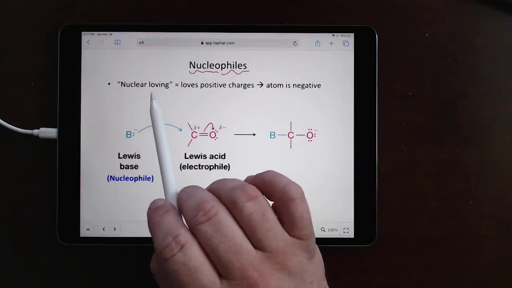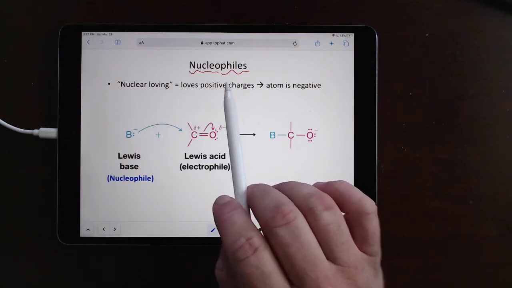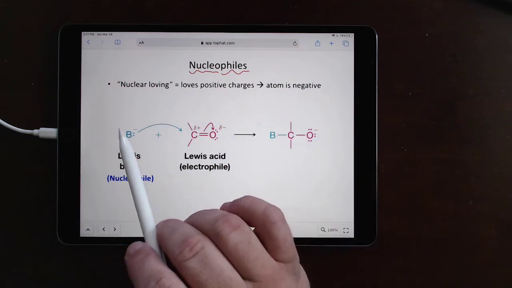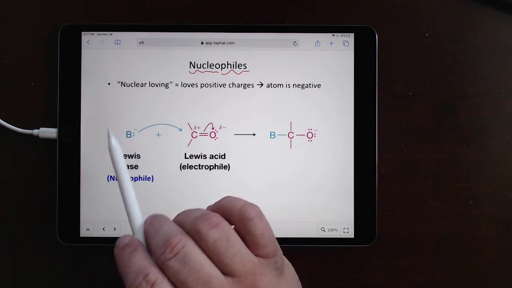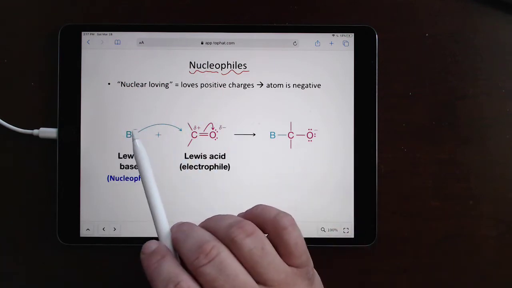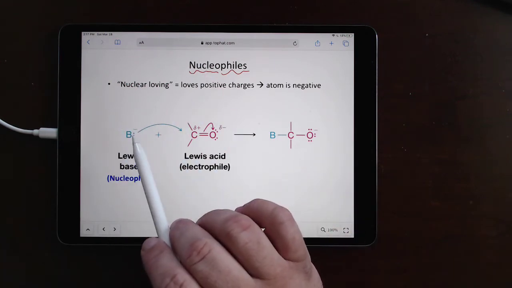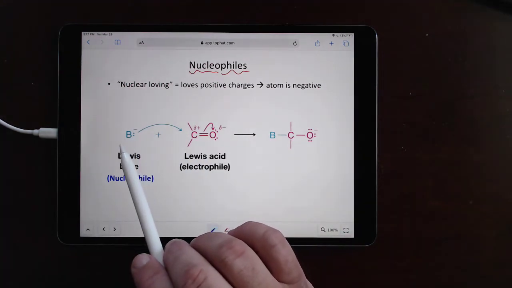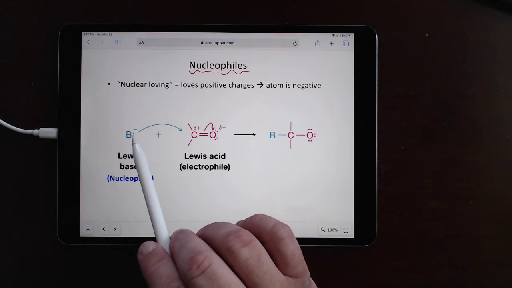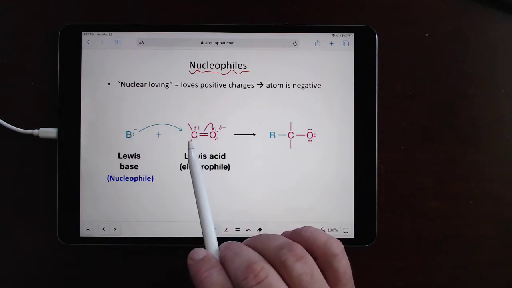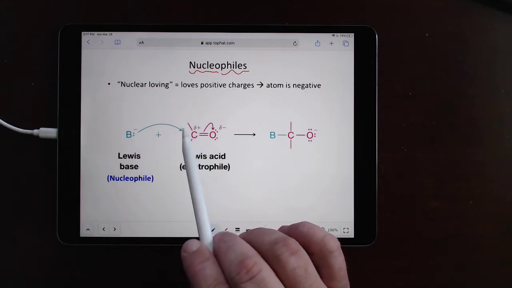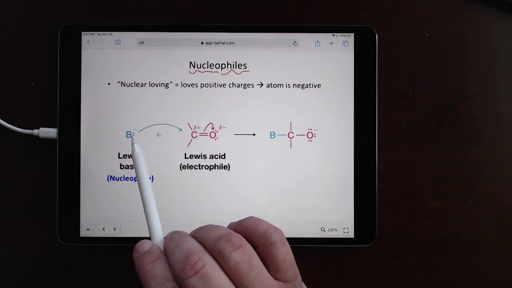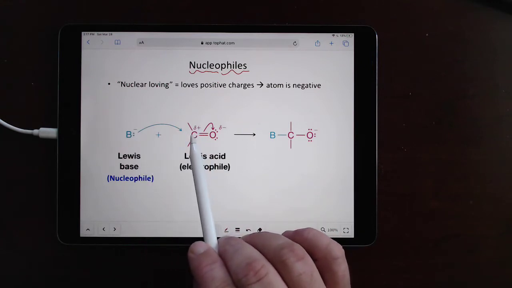So if you are nuclear loving, meaning you're loving a positive charge, that means you are negative. So we've got this negatively charged base, say that's going to be our nucleophile. It's got a lone pair, a negative or partial negative character, and it's going to be attracted to things that have positive character. It's going to use its electrons to make a new bond to the carbon.